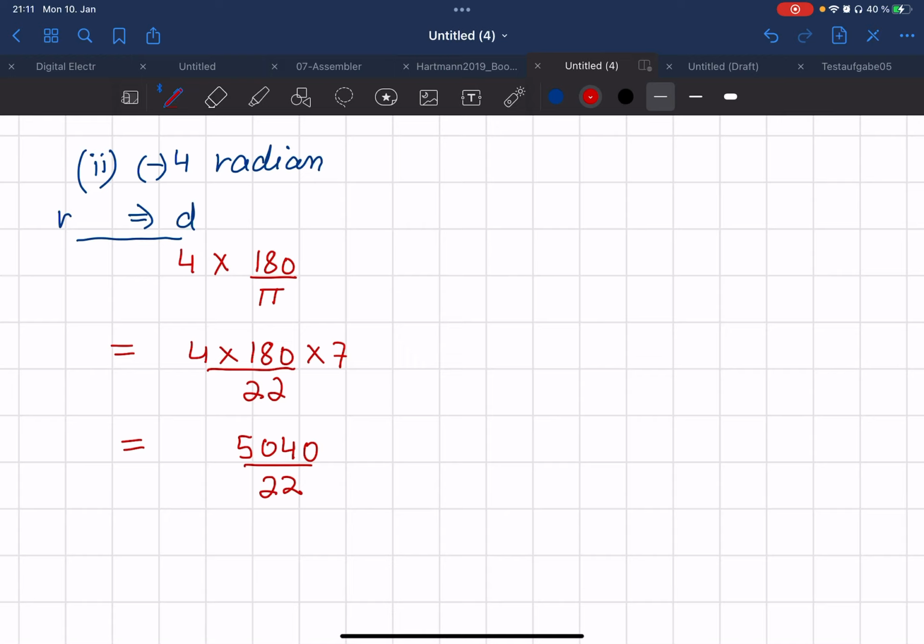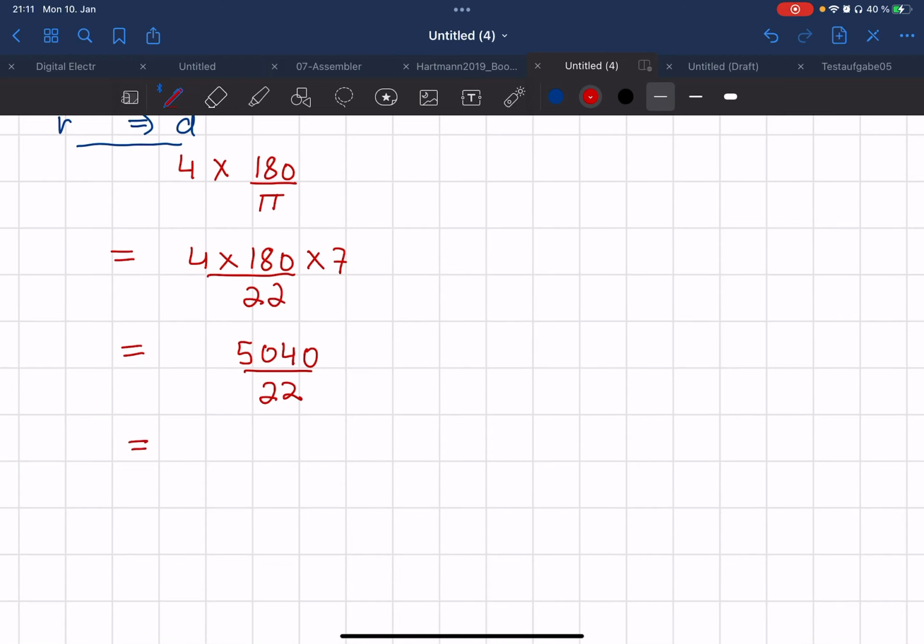All right, so what I do now is a long division here. 5040 divided by 22: 22 twos are 44, then 64; 22 threes are 66, so no choice.